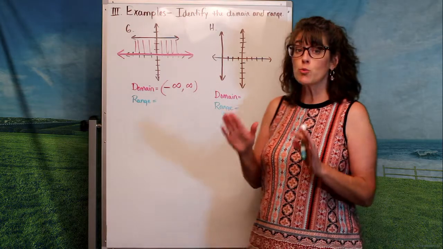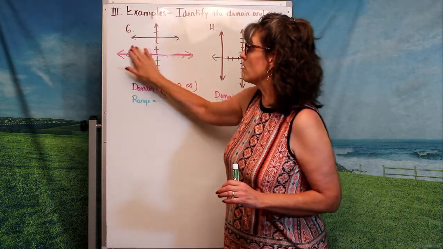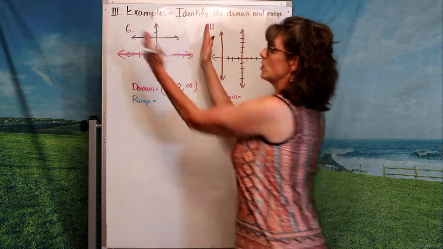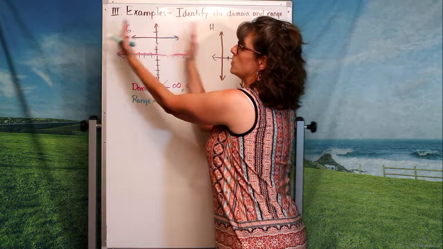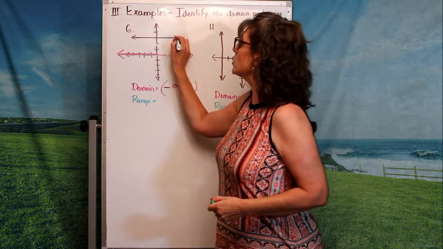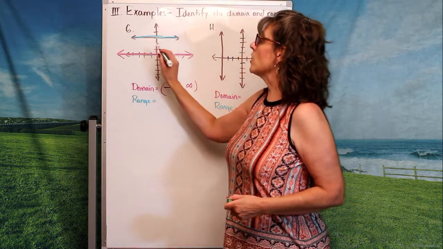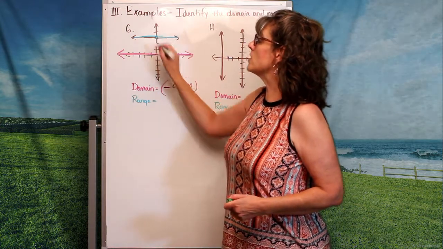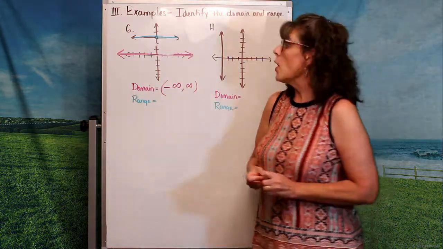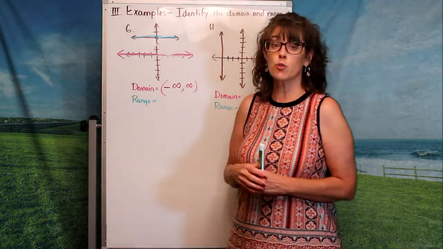Now let's take a look at the range. Remember, range was the y variable. So we're going to take this graph, we're going to squish it up on this y-axis. Notice what happens here. When it squishes up on the y-axis, it squishes here, and this squishes back here, so that it all squishes to this point right here. So therefore, what is the range for this particular graph?